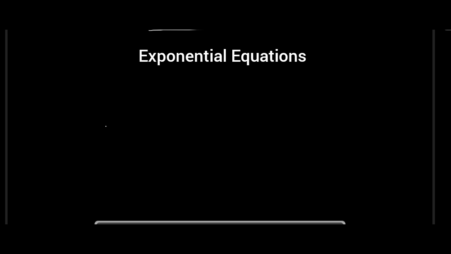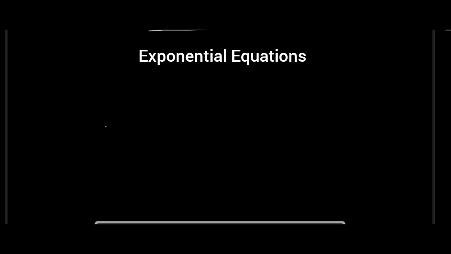So in our previous class we talked about indices. We also discussed the rules of indices, but in today's class we're going to discuss exponential equations. As the name implies, exponential equations involve exponents. So we know that the exponent of a base indicates the number of times the base is multiplied.